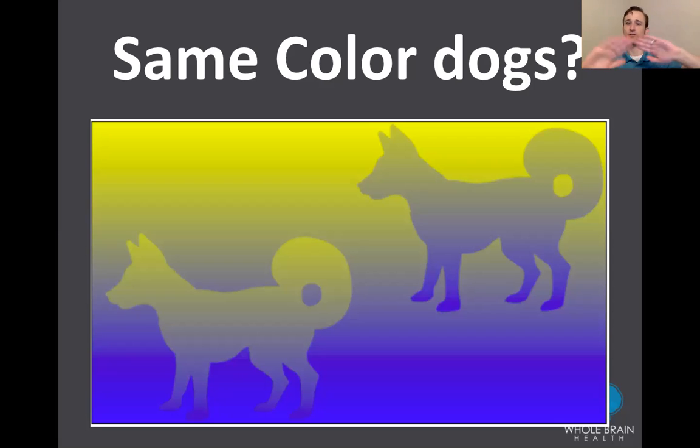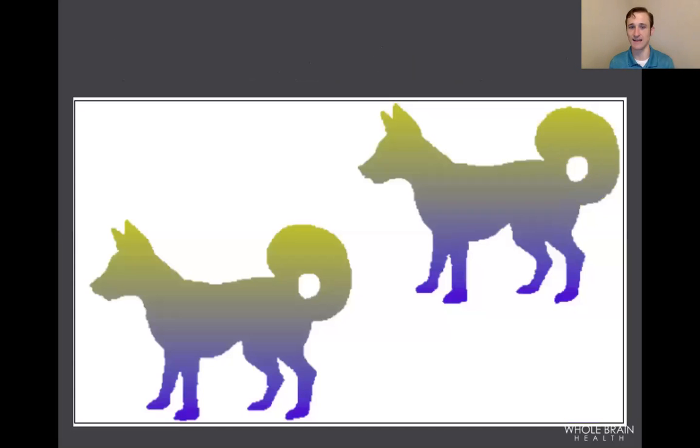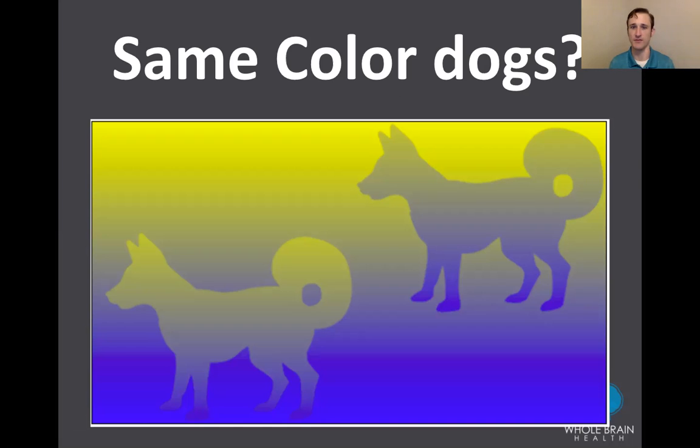And you can see maybe the tails are the same color. You can maybe squint your eyes, or maybe you can just really focus on one part of the dog and then focus on the other dog. And it might become apparent to you that they're actually more similar than not. Or they're actually exactly the same sets of colors, arrangements of colors within the dog image. And they're the same dog image too. And again, why is our brain perceiving them as different?